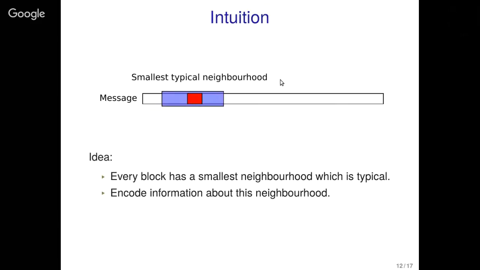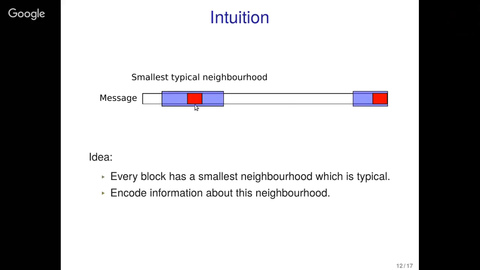So you start with a small block, you slowly grow the size of this block, and you keep growing till you hit a point where the sequence is now typical. For every block, you can find such a smallest neighborhood which is typical, and the neighborhood for each block is going to be different. The size of the neighborhood is also going to be different.